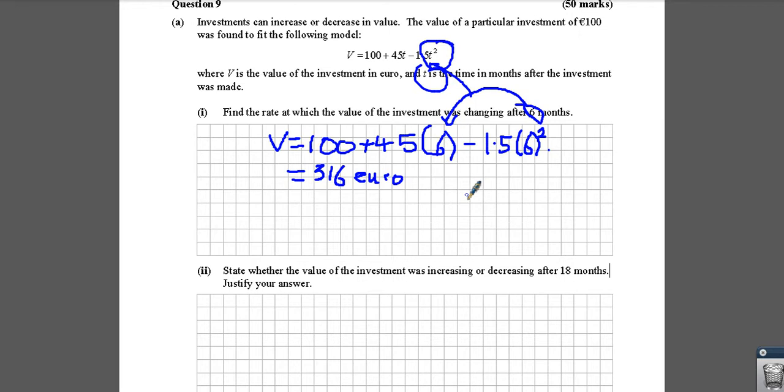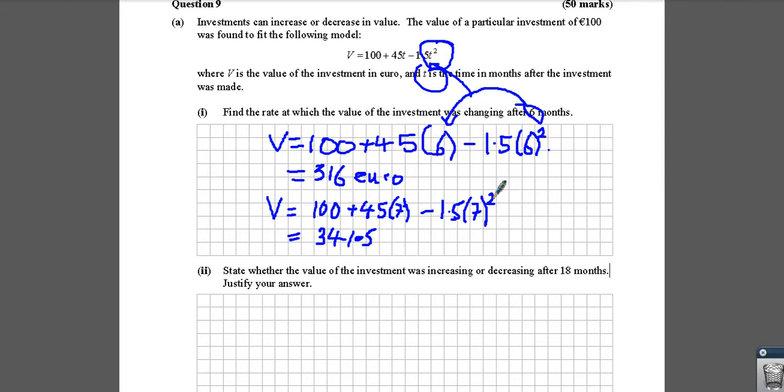We're asked to find how much it was changing. So let's have a look at how much it's worth after 7 months. What we find is that after 7 months, the value of the investment is 341.5 euro, 341 euro and 50 cents. That's how much it changes from 6 months to 7 months.